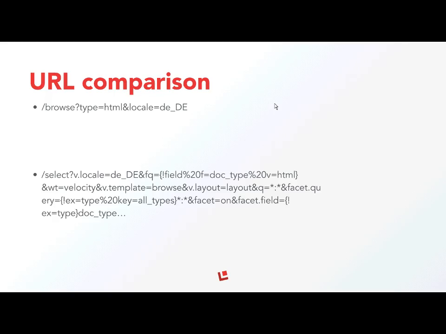And just to show you how we've made the URL simpler, I wanted to do a little comparison here between /browse and what generally folks use with Solr as /select. First of all, /browse. There's nothing special or magical about it. It's simply a request handler definition in the Solr config XML file.